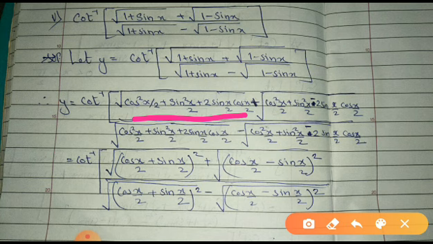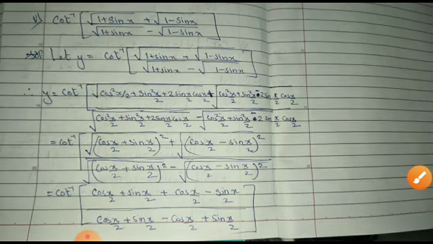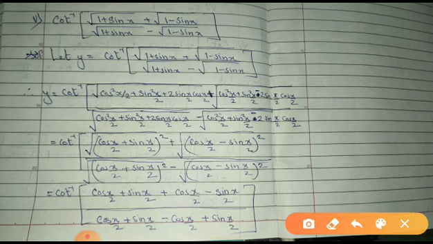So I'll be getting cos x by 2 plus sin x by 2 bracket square, and plus root of cos x by 2 minus sin x by 2 bracket square, divided by that one. So this root and that square will get cancelled and you'll get cos x by 2 plus sin x by 2 plus cos x by 2 minus sin x by 2, divided by this.